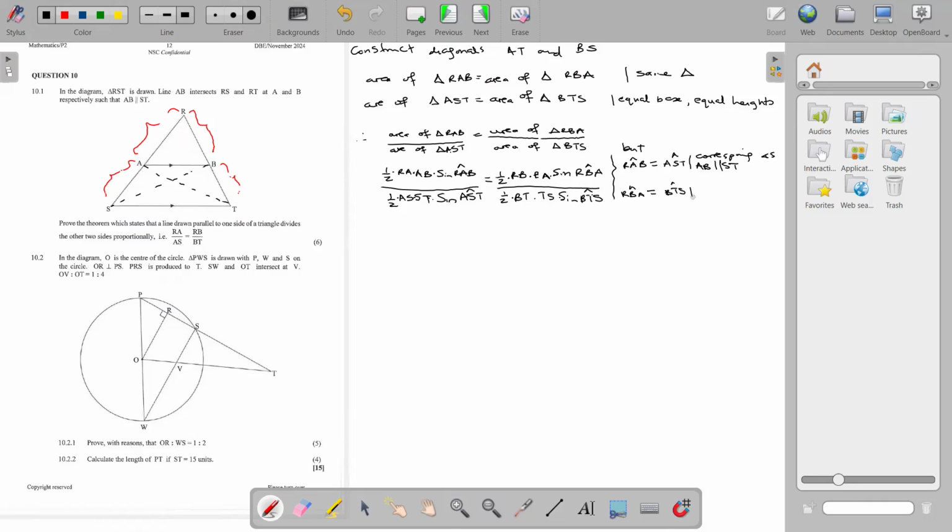The reason, if we check, is this angle and this angle are equal. They are corresponding angles, and the reason is the same pair of parallel lines.